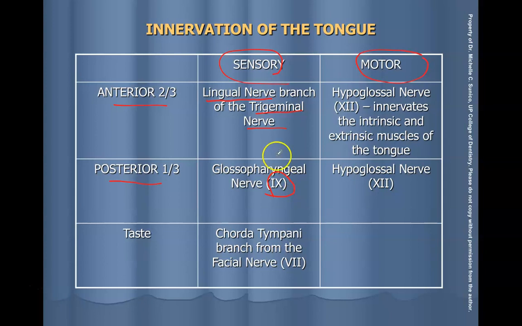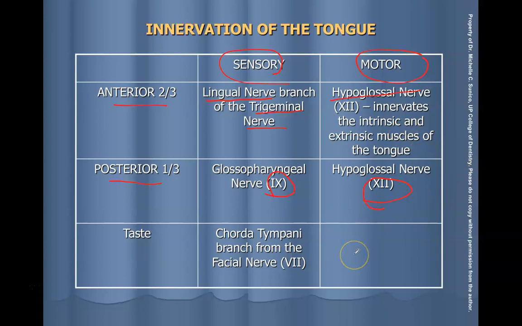Now for the motor innervation of both the anterior 2/3 and posterior 1/3, the innervation comes from cranial nerve 12, which is the hypoglossal nerve. This is a rather deep nerve and it's motor, so it innervates the intrinsic and extrinsic muscles of the tongue.